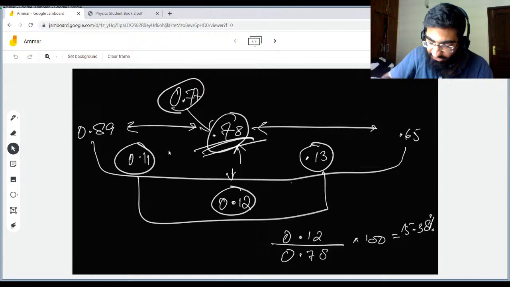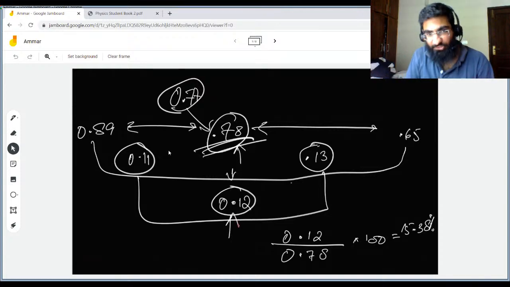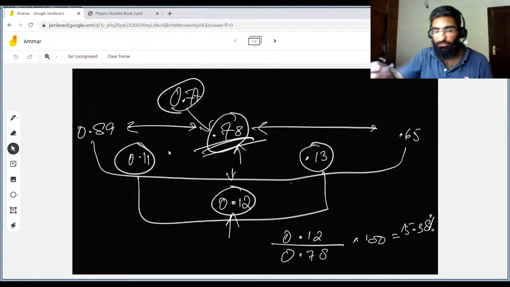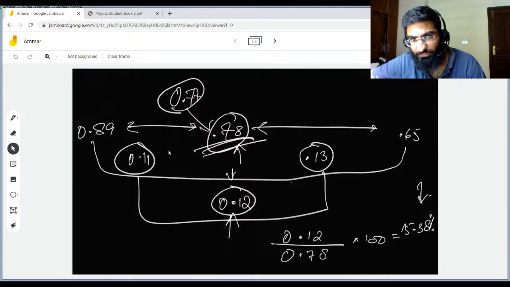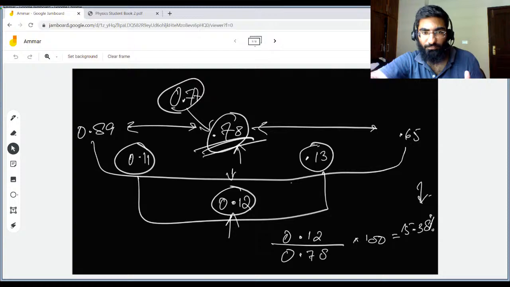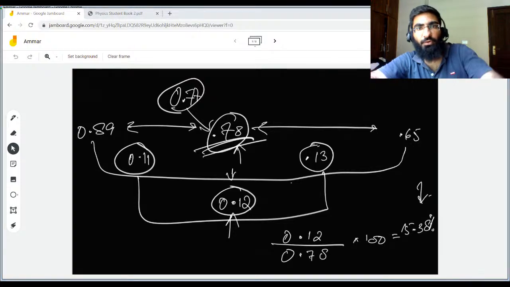That is the average deviation. So average deviation over the average reading, 0.78, as a percentage gives me 15.38%. This is the answer. Got it? Shall I repeat the explanation or did you get it? I got it. Okay.